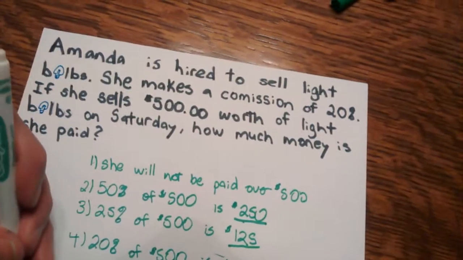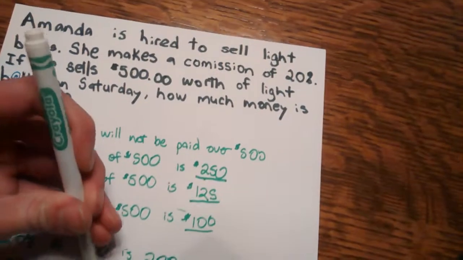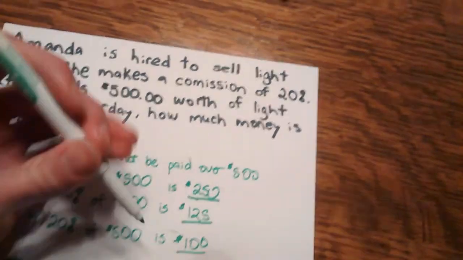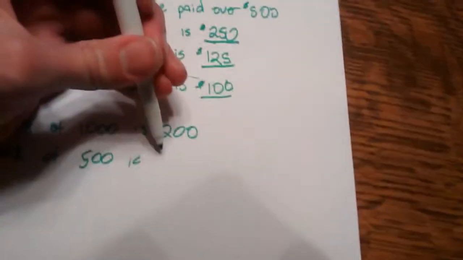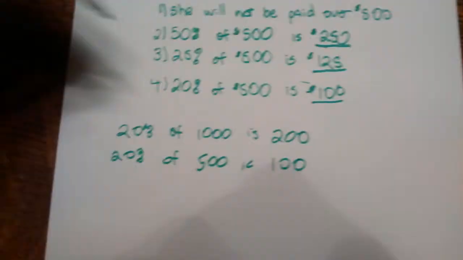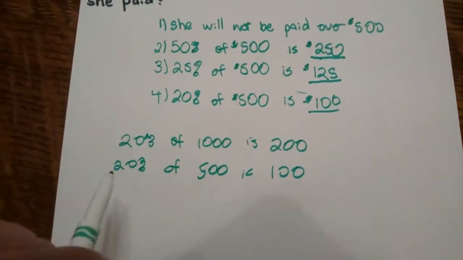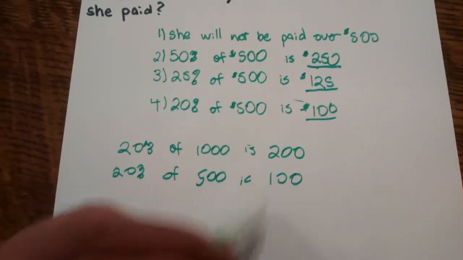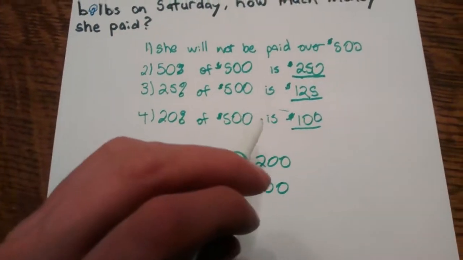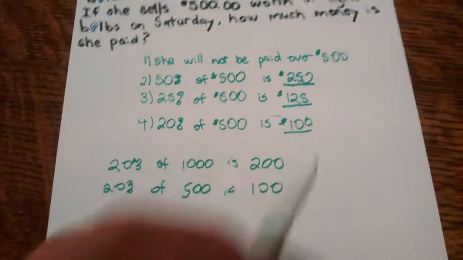So if I do 20% of 500, which is half of 1,000, then I'll divide this number in half as well. So 20% of 1,000 is 200. So 20% of 500, if I'm splitting that in half, then 20% of 500 is 100. 20% of 500 is $100.